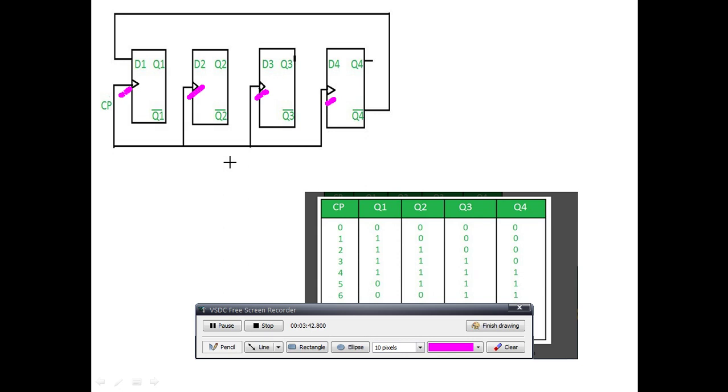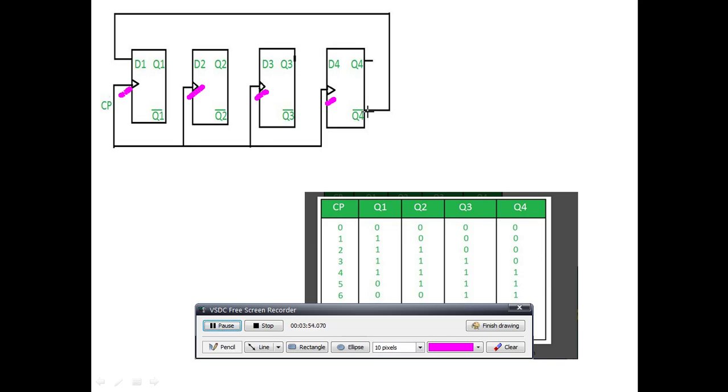Hence this is 1 1 0 0. And like that again it will be complemented, again one more 1 will be generated, and the corresponding values are shifted from one register to another, and so on, hence forming a shift register, which is nothing but a Johnson ring counter.